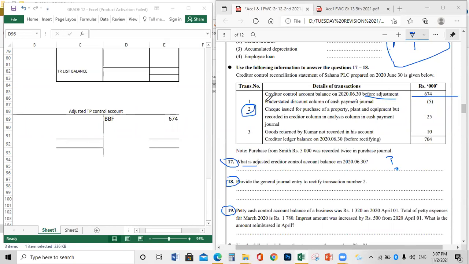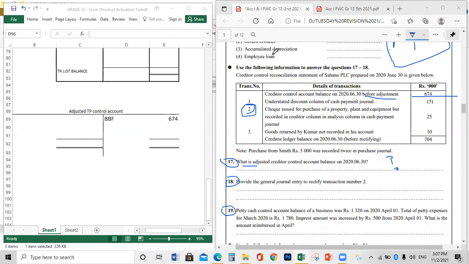My question for you all is, will it only affect your discount received account, or will it affect both, discount received and trade payable?